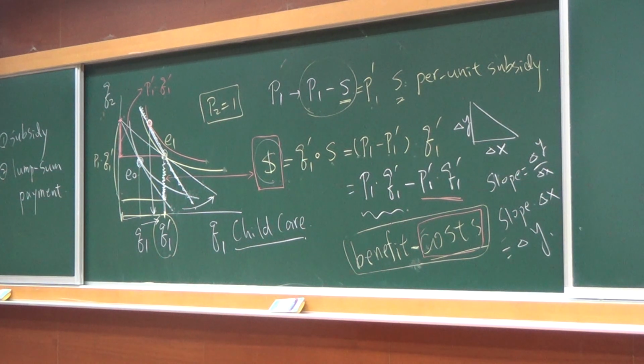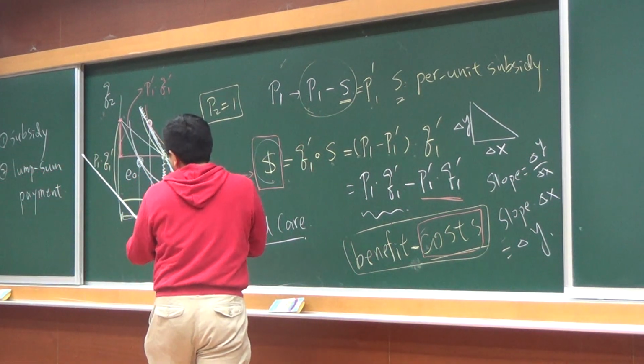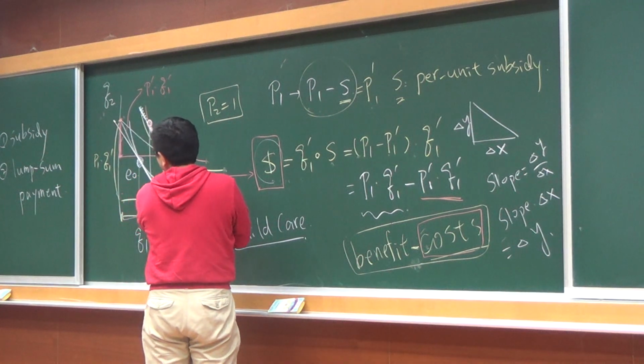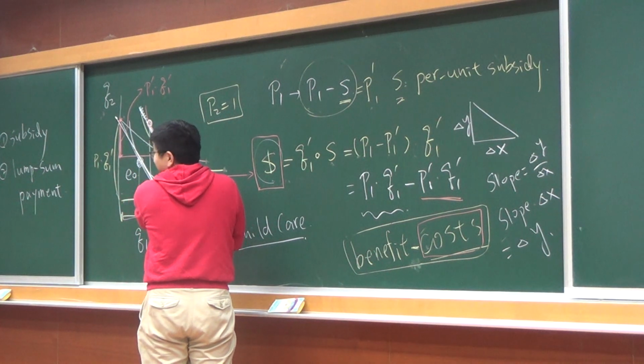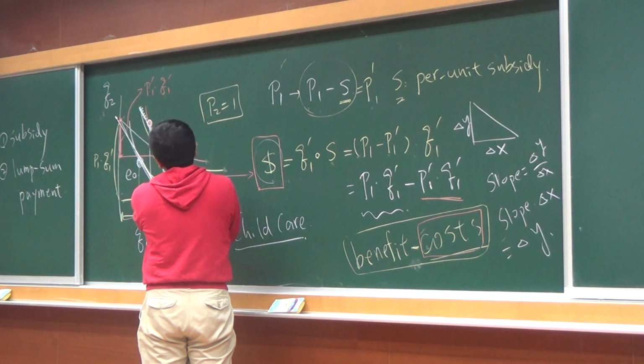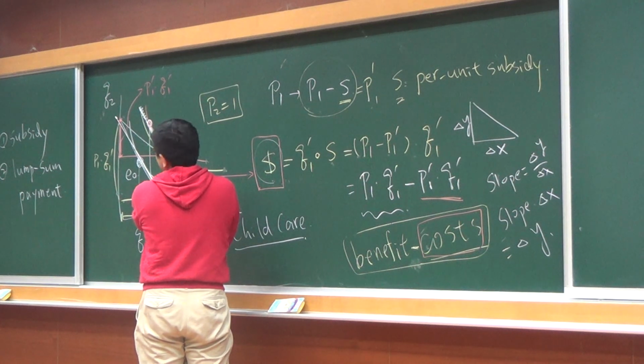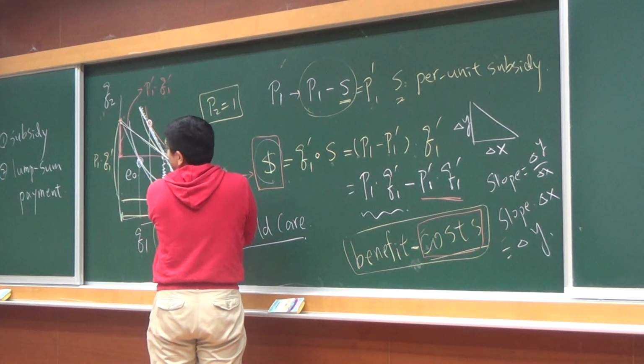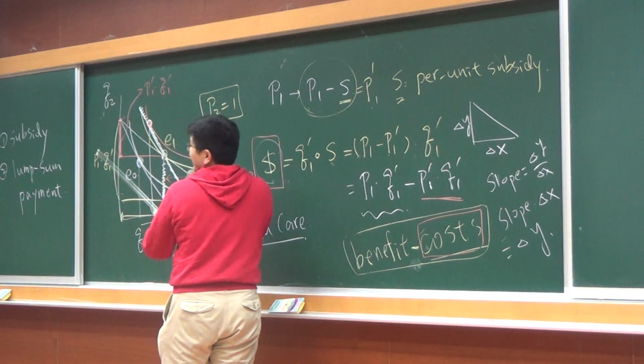Yes? MRT. What's the MRT for this? It's P1 over P2, right? And now P2 equals 1, so it's P1. And this would be P1 prime over P2. Alright?